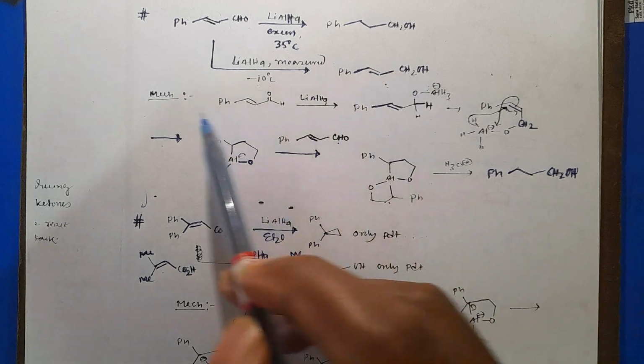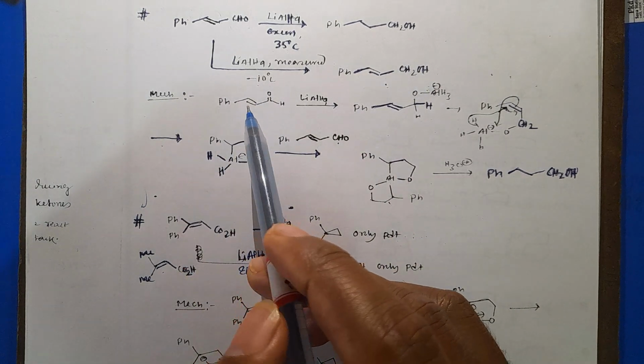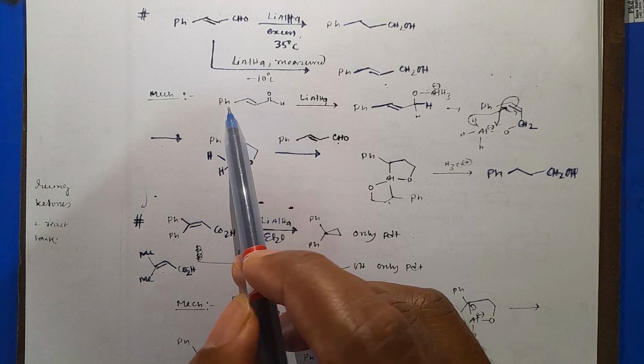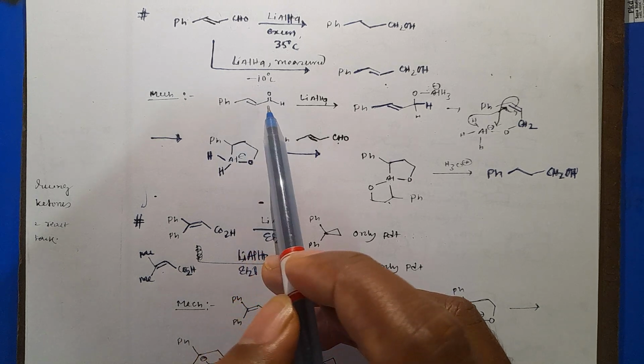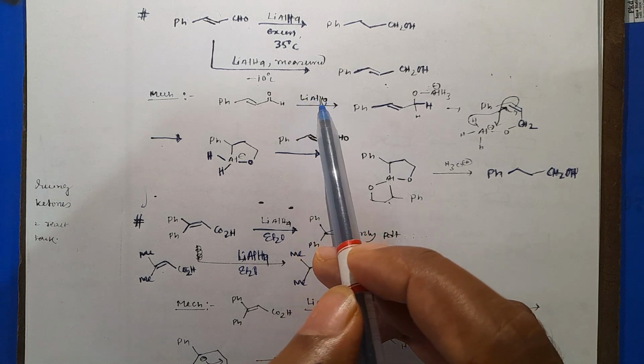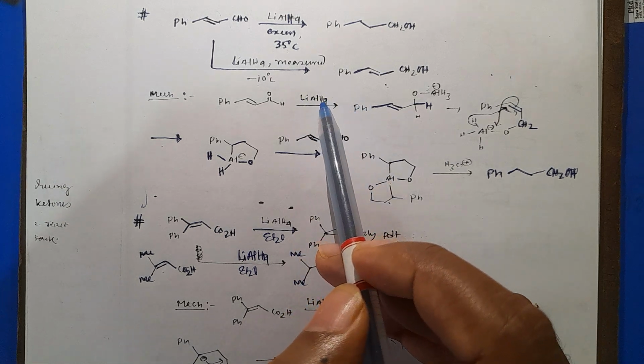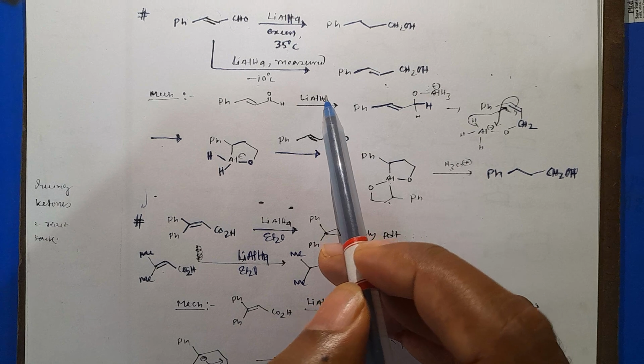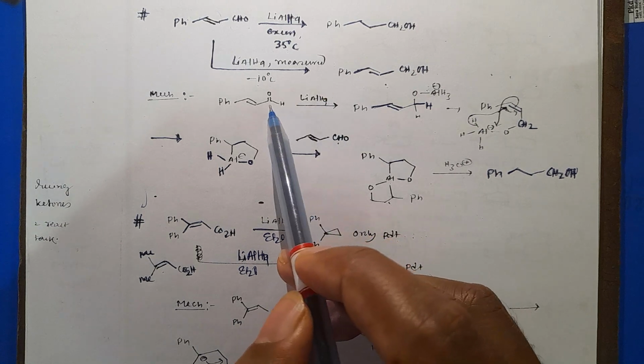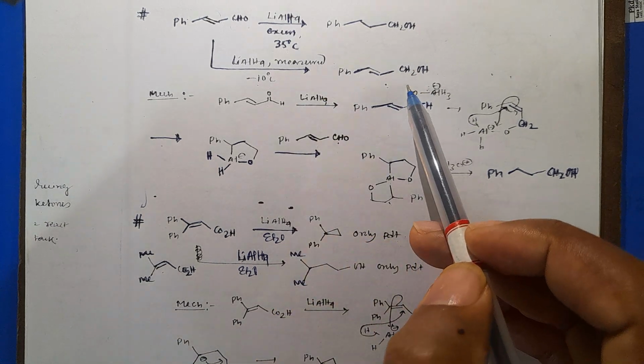So what would be the mechanism? You can see, initially if you take this alpha beta unsaturated aldehyde compound, the hydride, which basically comes from the anionic part of lithium aluminum hydride, will attack there and form this kind of intermediate.